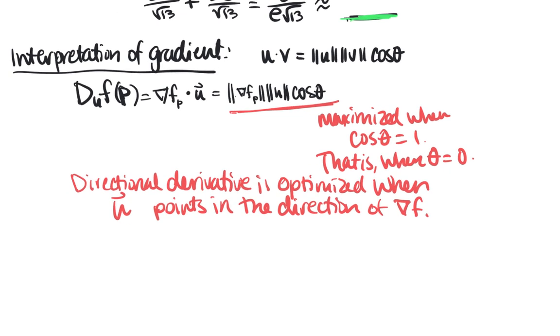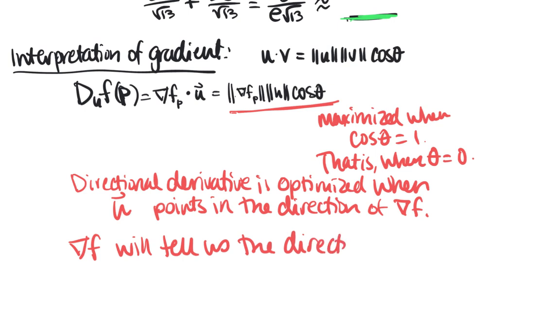So in other words, the gradient of f will tell us the direction of maximum increase.